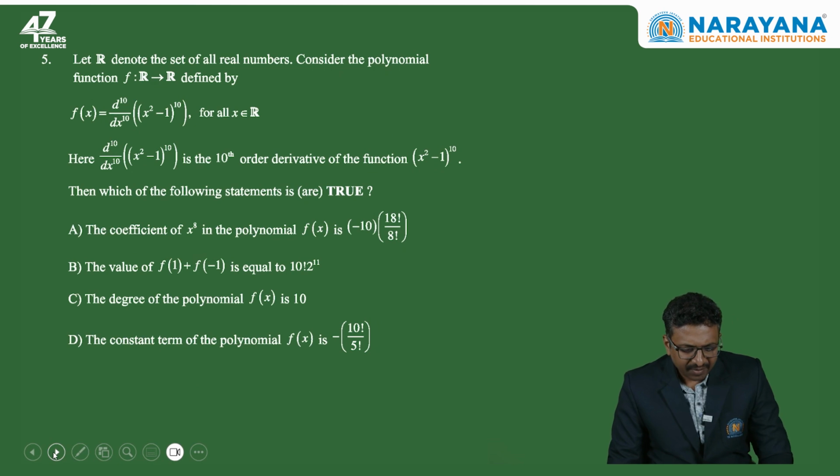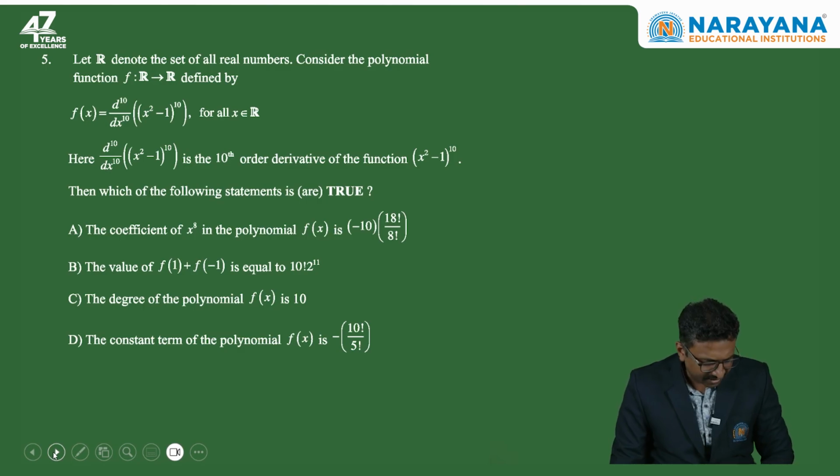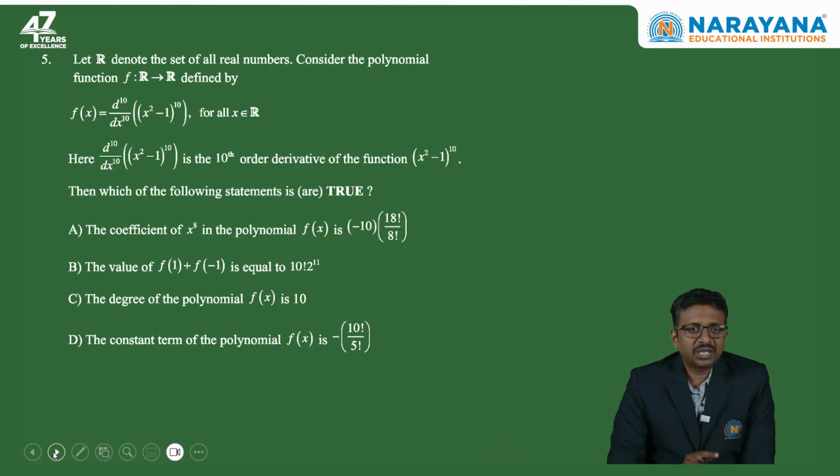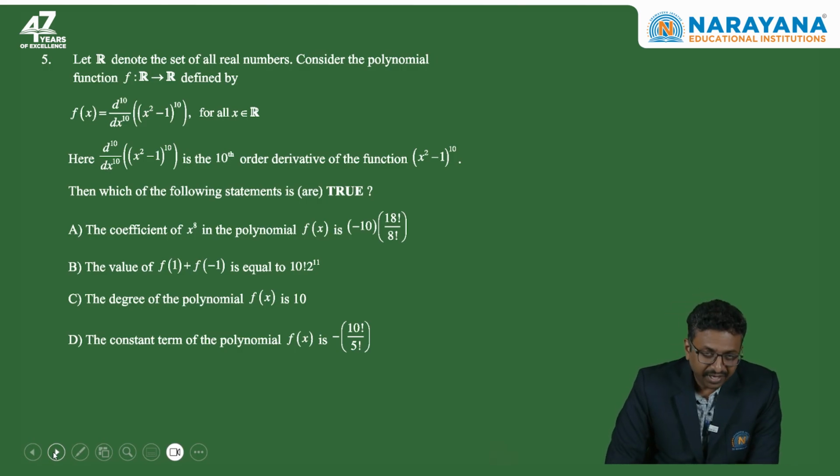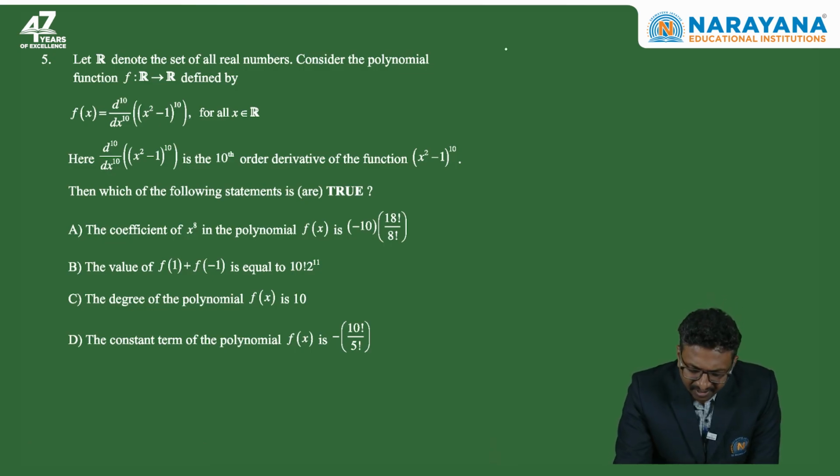So let R be the set of real numbers, and consider the polynomial f of x is equal to x square times d10 by dx power 10 of (x square minus 1) whole power 10. So here f of x is the 10th derivative of (x square minus 1) whole power 10.